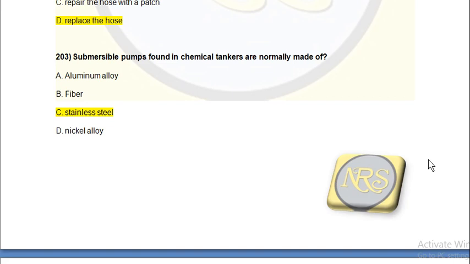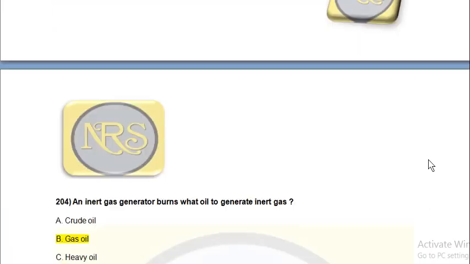In order to prevent this and increase the durability of the ship and the tank, we use stainless steel. The same principle applies to the submersible pump, which is used to transfer the cargo from the tank to the shore. So option C, stainless steel, is the correct answer for question number 203.